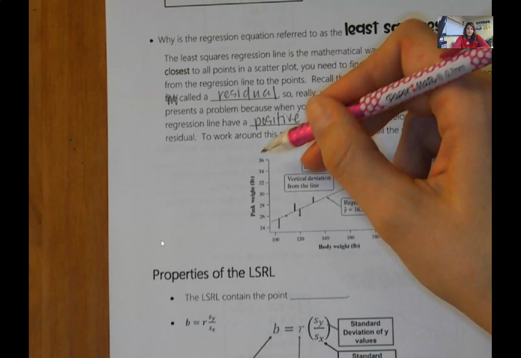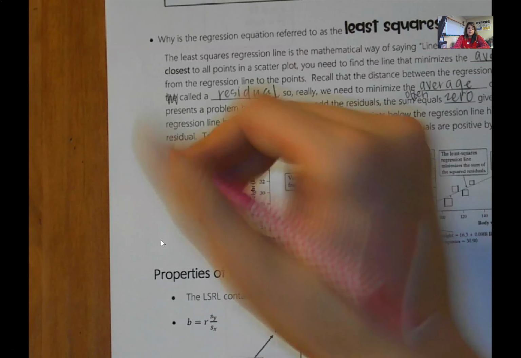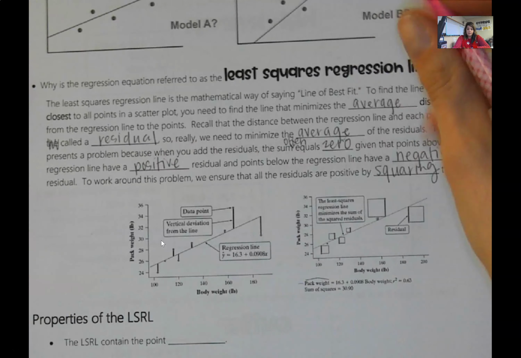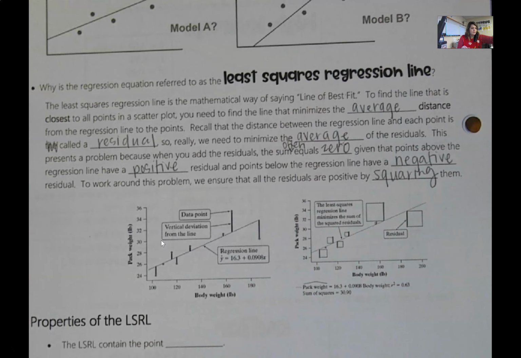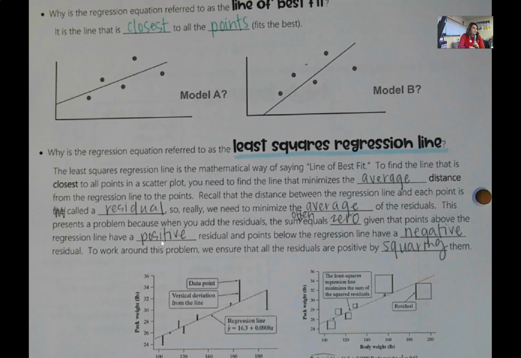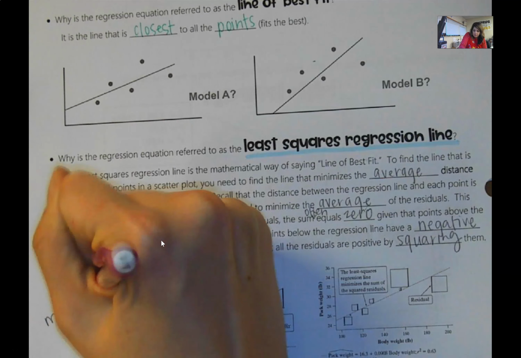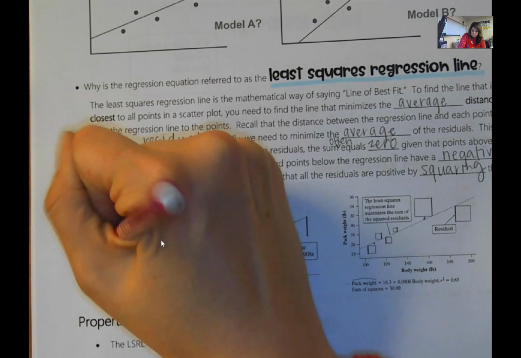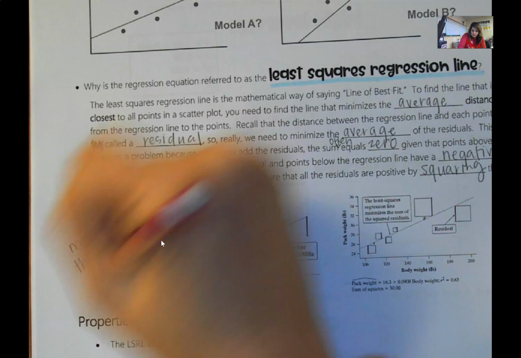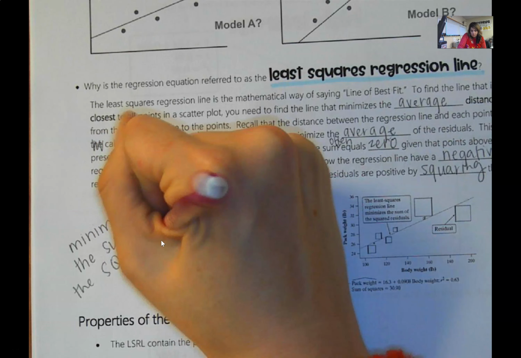I'm going to put a little note here to summarize what this big paragraph says, is that the summary of this will be the least squares regression line. So the least squares regression line, I'm going to highlight that, minimizes, so I'm writing over here next to this picture, minimizes the sum of the squared residuals.